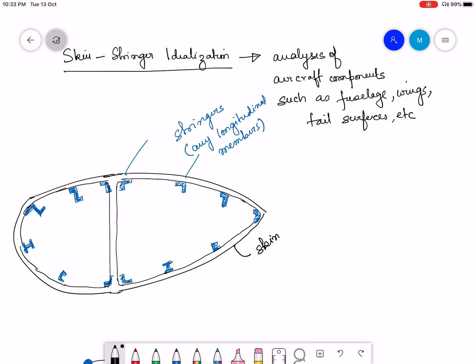So I have just shown the cross section of an aircraft component, which shows the skin and the longitudinal members, which could be stringers, spars, longerons, anything. These stringers are beam-like structures.